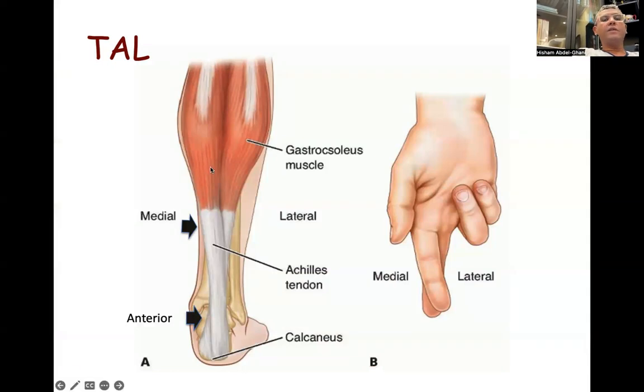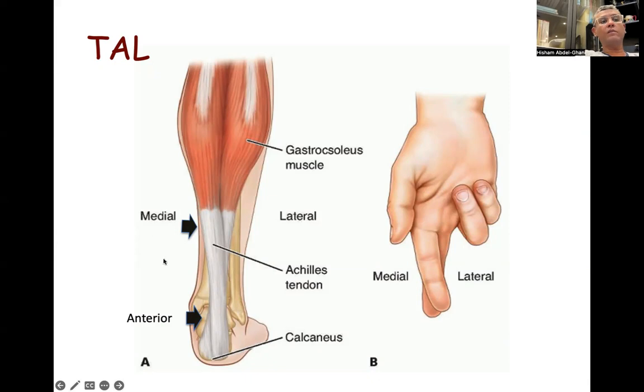If we are going to release the tendo Achilles, we can do it percutaneously in hemiplegic patients. We have to understand the anatomy of the tendo Achilles. The fibers of the tendo Achilles are rotated 90 degrees, so the medial fibers become dorsal distally, and the lateral fibers proximally become anterior distally.